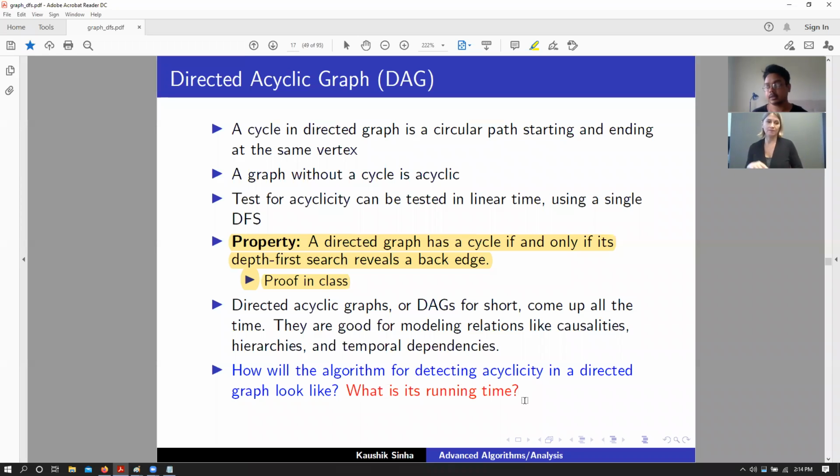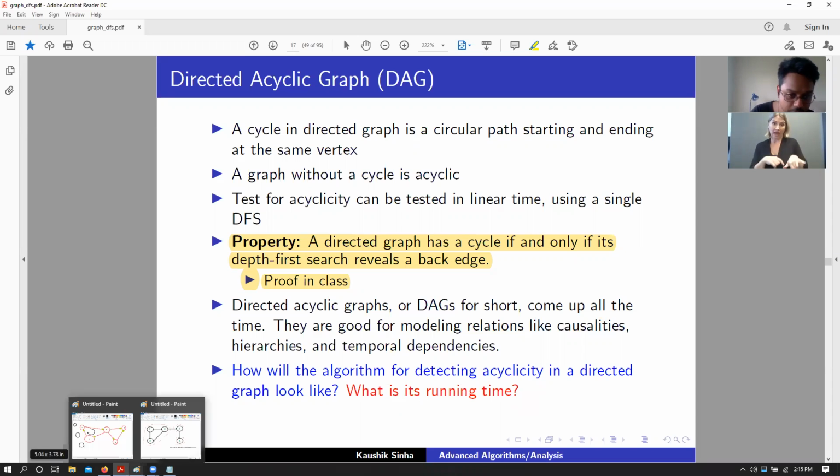Let's say our user gives you some graph and you have to figure out whether that graph has a cycle or not. So I need to know whether it's an acyclic graph or not. What would that algorithm look like, and how would we go about finding this? But before I begin with that, let's just talk about one thing.